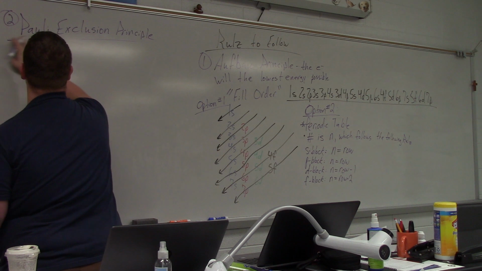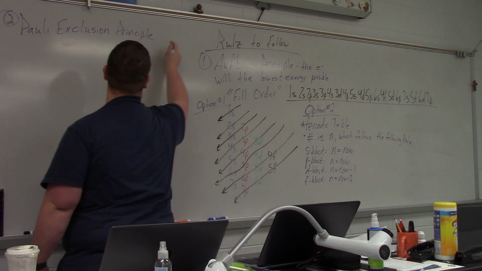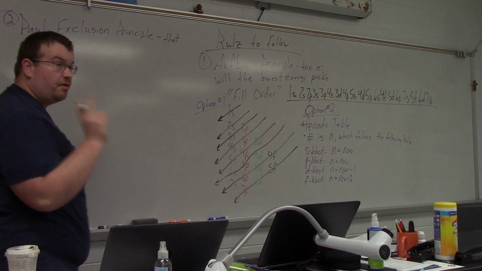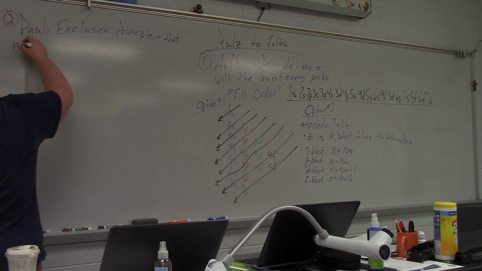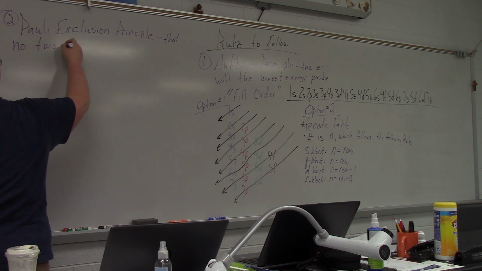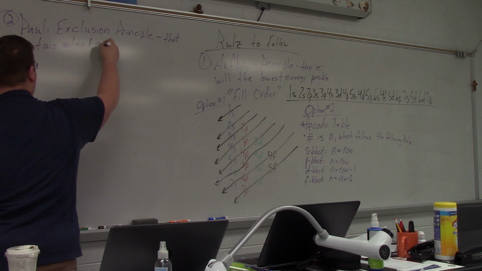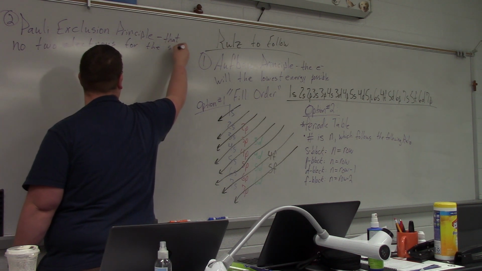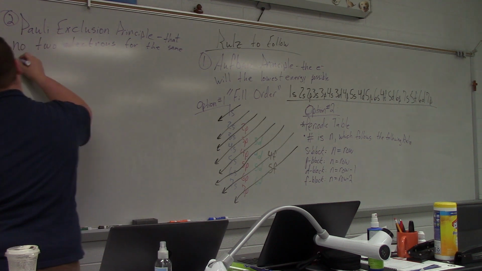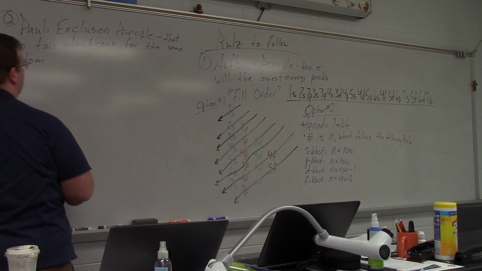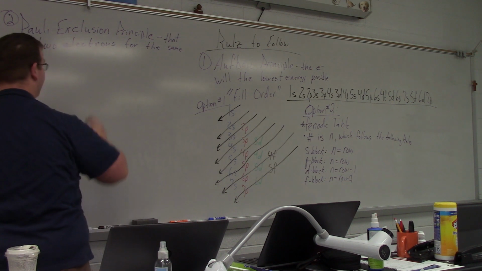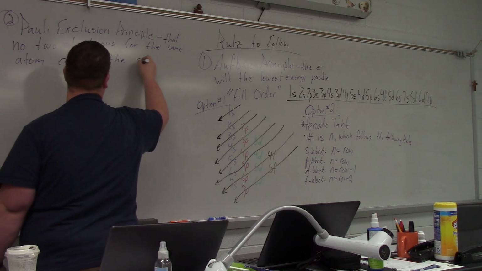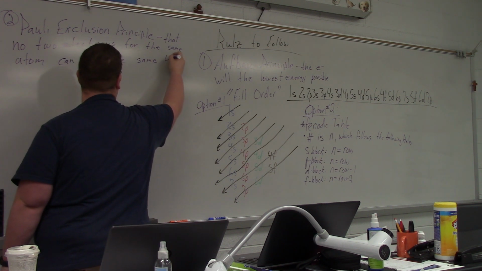The Pauli exclusion principle is not that bad. The Pauli exclusion principle states that, and this is very important, no 2 electrons for the same atom can have the same 4 quantum numbers.